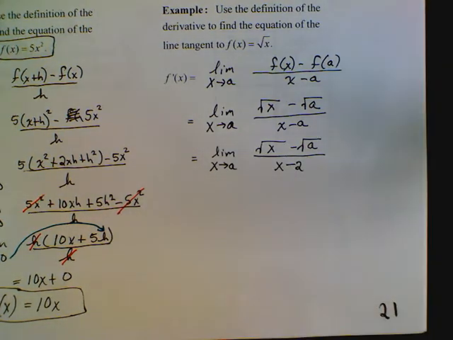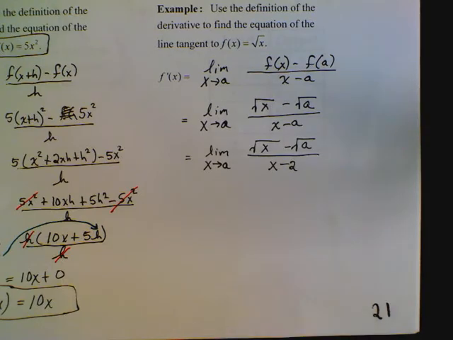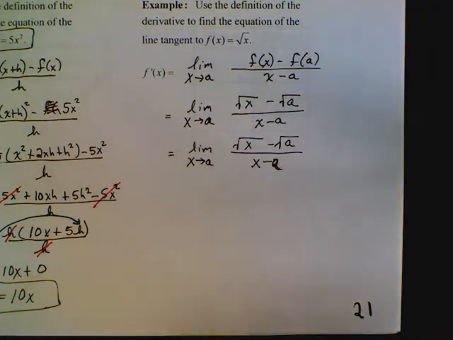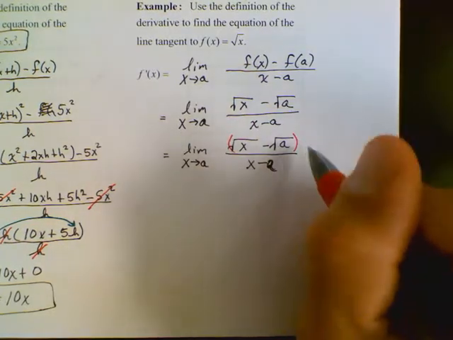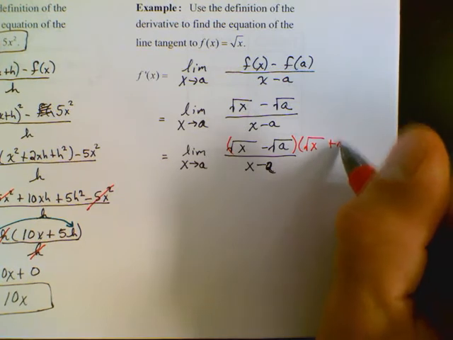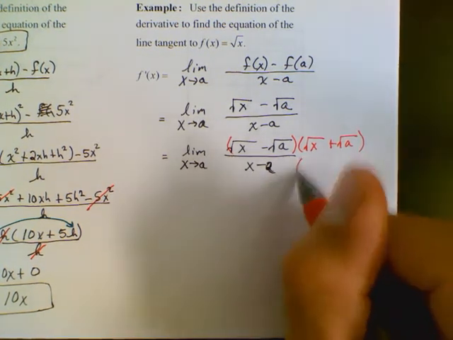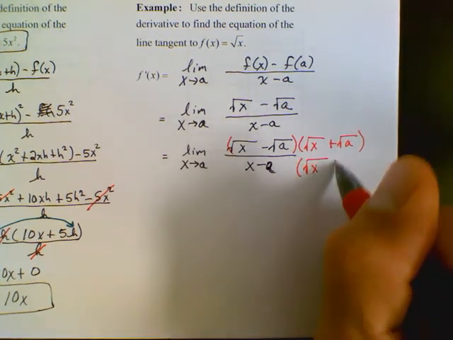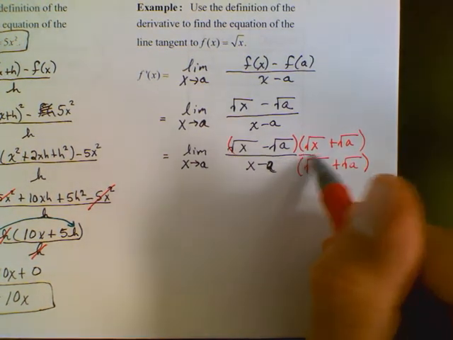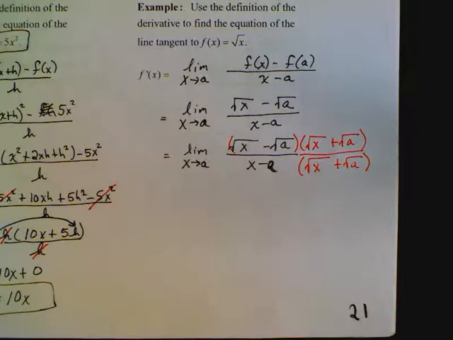Sorry, there's a little typo there, that should have been an a. And I think what I'll do is multiply by its conjugate, the square root of x plus the square root of a. And I'll put that on the numerator and on the denominator.